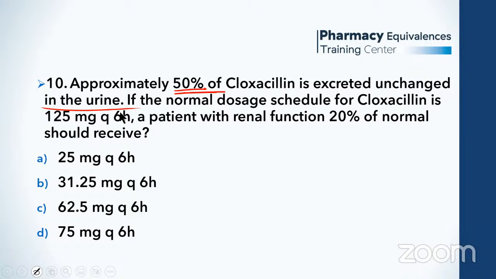This means that when the drug is given as 100 milligram to the bloodstream, 50% of it will be affected by the kidney status, and 50% of it will not be affected.